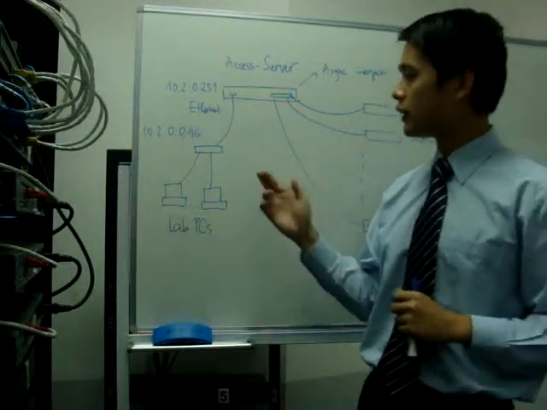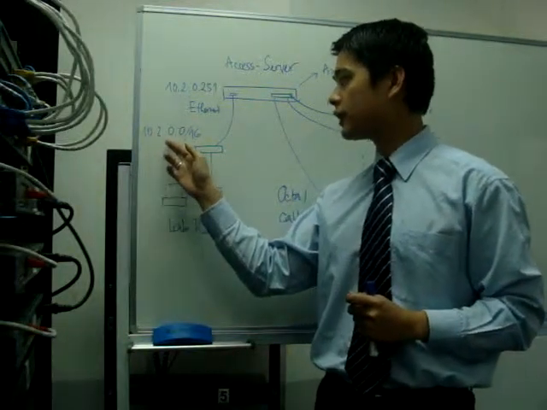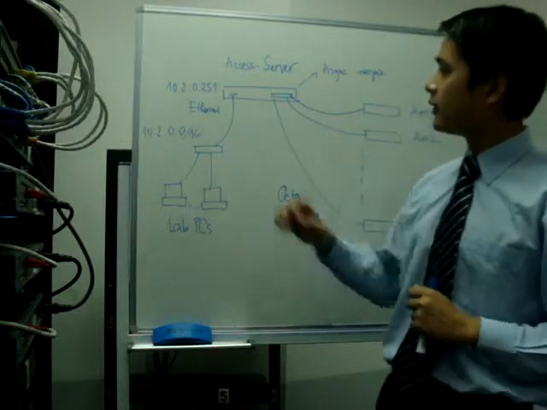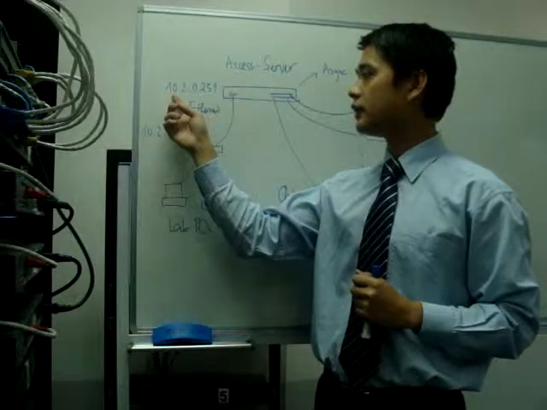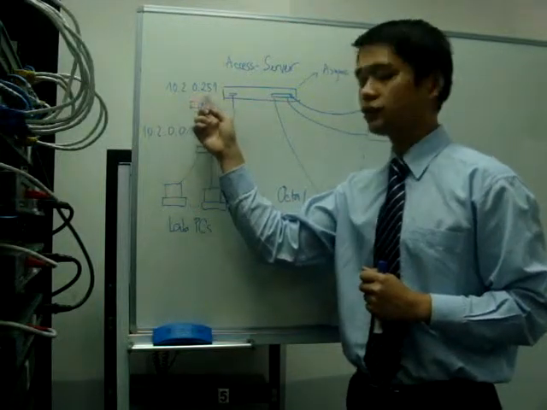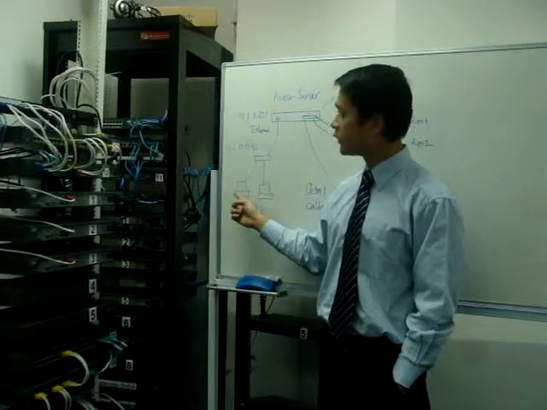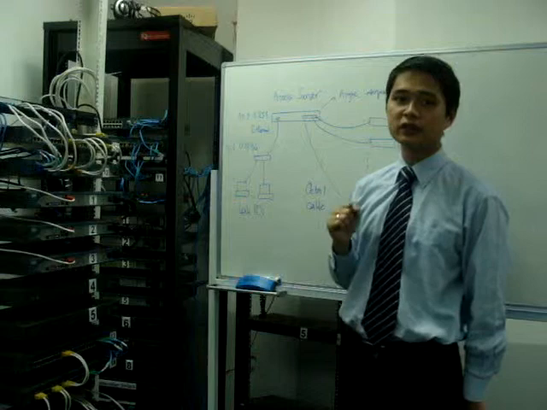Here we use the IP range of 10.2.0.0/16, and the IP address of the access server is 10.2.0.251, so that from the PC we can ping and telnet to the access server.